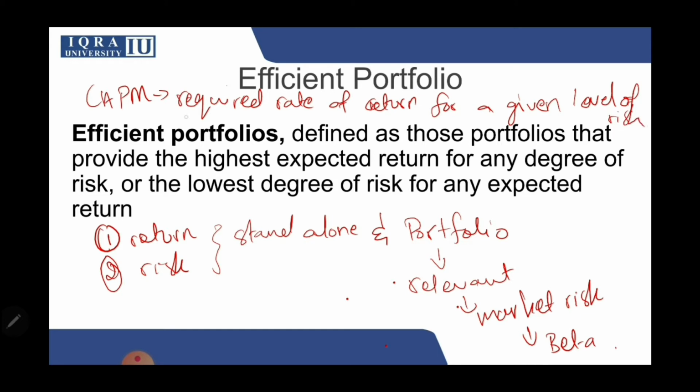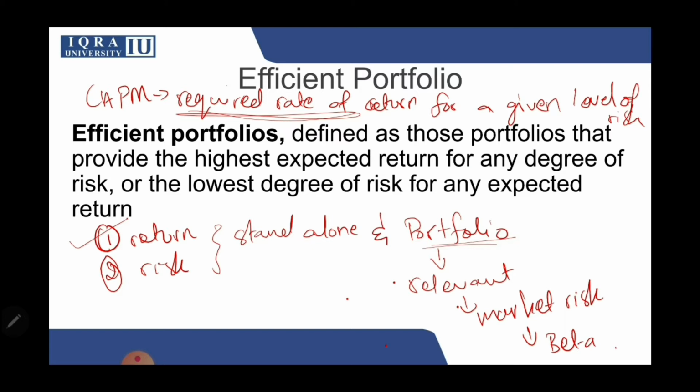So now we know what will be the required rate of return. So now we can actually calculate the portfolio's return. So we know how to calculate the portfolio's return, and we have also discussed the portfolio's risk.